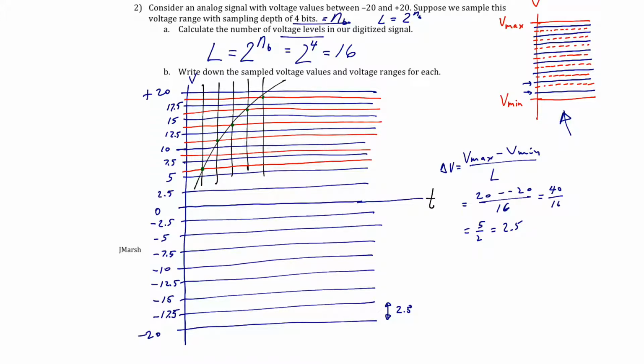And finally, the red values in between them are 1.25 off of the other values, and I'll draw them in here in red and label them.